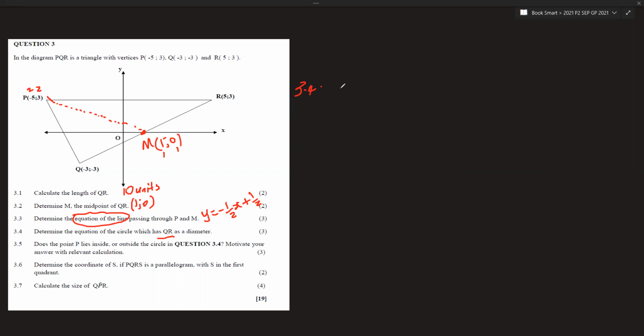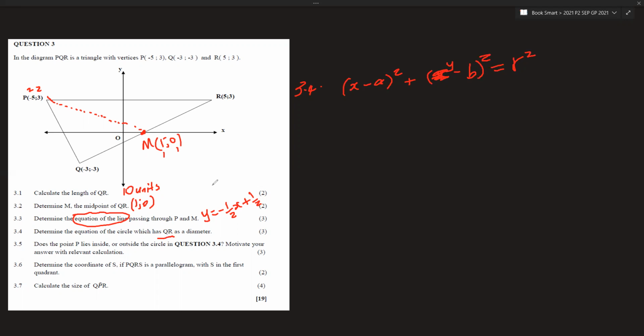Remember the general circle equation is x minus a squared plus y minus b squared equals to r squared. Sorry, here it must be y. So now, we're going to have the center.